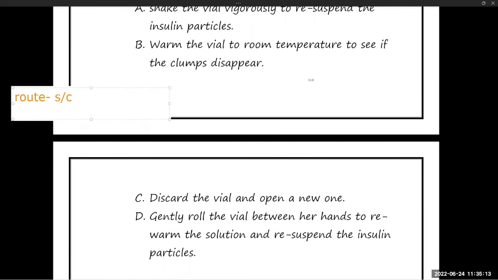It's 45, but you can administer even at 90 also, because insulin is usually loaded in an insulin syringe, and insulin syringes are specifically designed to administer only to the subcutaneous area. So even if you use 90 degrees, it will only reach up to the subcutaneous area and will not extend up to the muscles. So you can administer at 90 degrees also, but when we learn, the subcutaneous angle is 45 degrees.